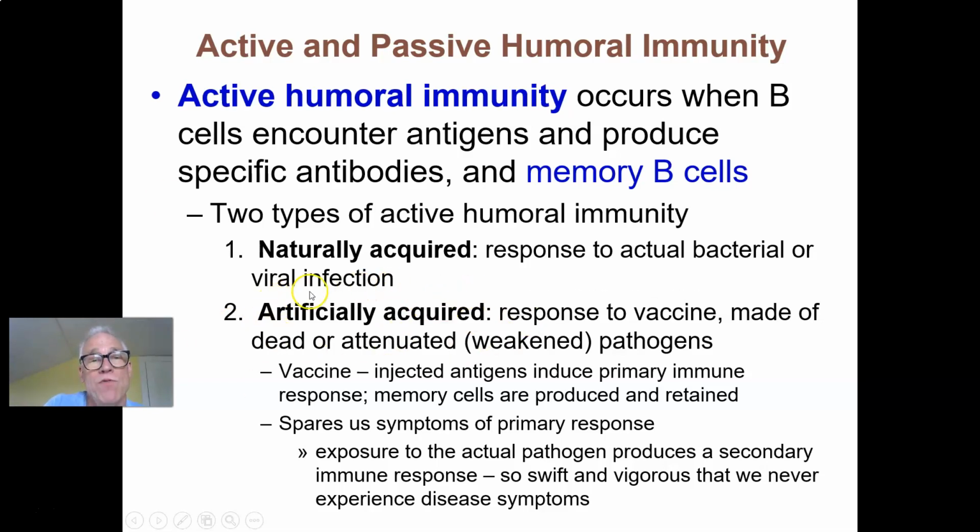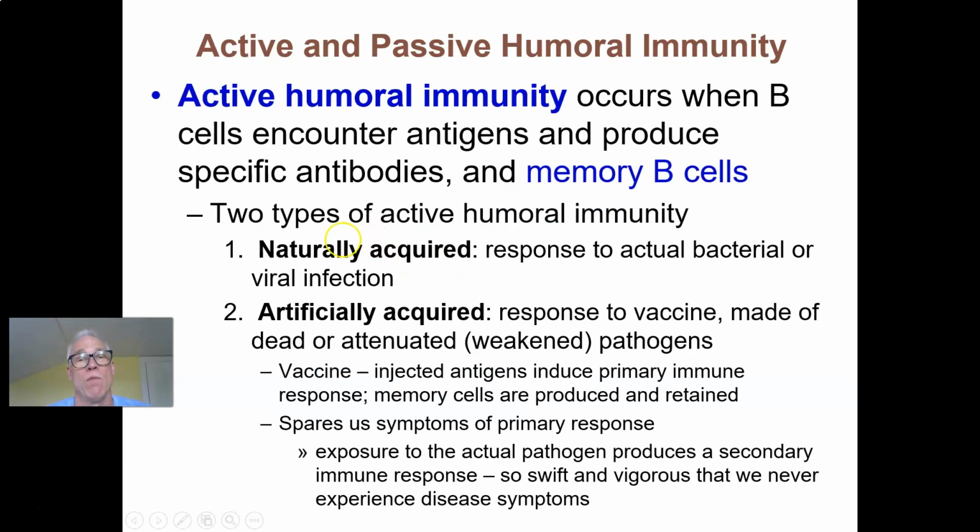But when we use vaccines, what we're doing is we're letting the vaccine take the place of the primary immune exposure. We introduce the vaccine, which has antigens from a pathogen, a disease-causing bacterium or virus, into the body. It creates a primary immune response so that now we have memory cells against antigens of a very dangerous and terrible disease-causing nature, but we already have the memory cells without having experienced the actual disease infection.